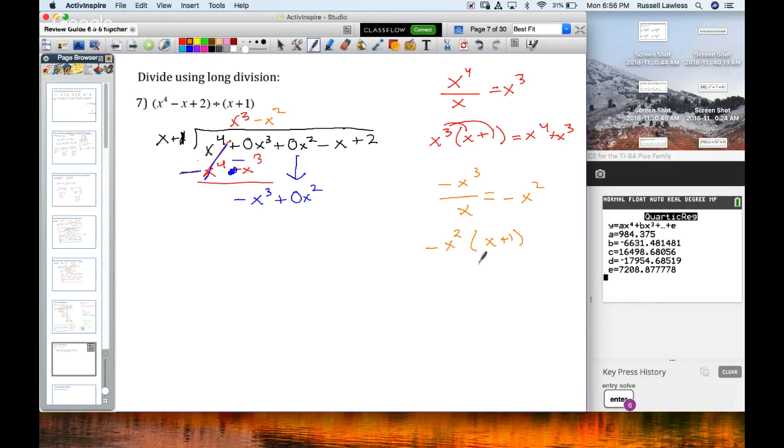When I do that, that'll give me a negative x cubed minus x squared. So I'm going to plug in the negative x cubed minus x squared. And when I change my signs, look what happens. These cancel, and now I'm left with a positive x squared. So we'll bring down this negative x and continue our dividing process.